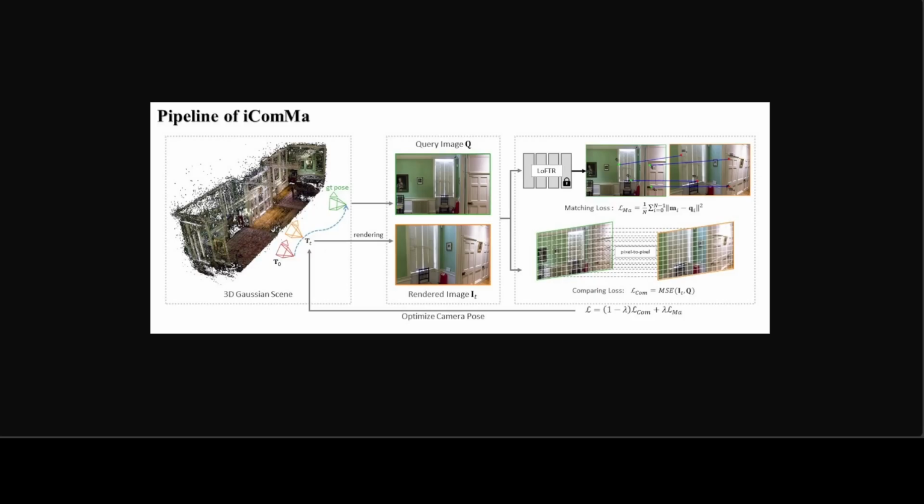So the entire framework is differentiable, enabling the optimization of camera pose by utilizing the gradients derived from minimizing the residuals. And there is a lot of good stuff happening in this one.